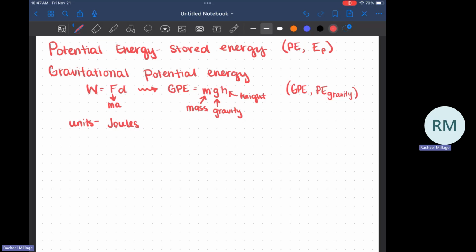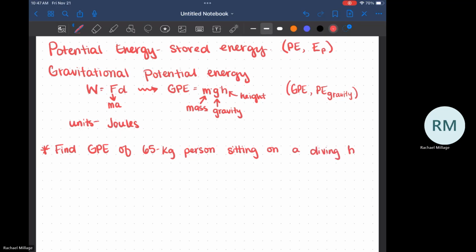So now we're going to do two examples. The first one, we're going to find the gravitational potential energy of a 65 kilogram person sitting on a diving board that is 3.0 meters high.